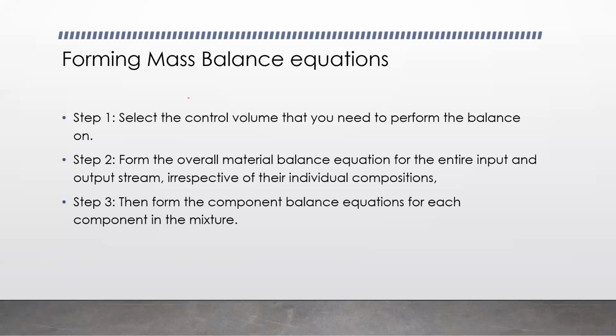Select the control volume that you need to perform the balance on, then form the overall material balance equation for the entire input and output streams, irrespective of their individual compositions.